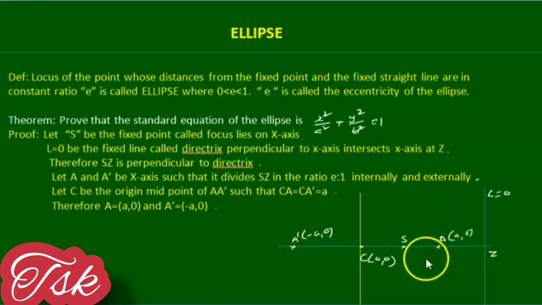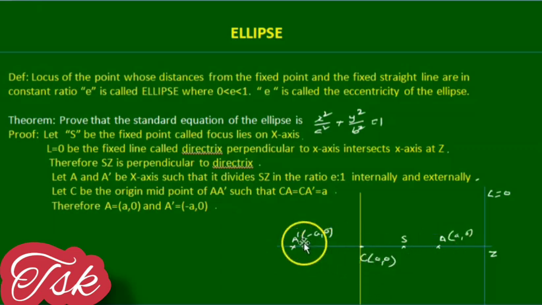Therefore, A and A dash are points on the x-axis, and S, A, A dash are collinear. Let C be the midpoint of A A dash. Therefore, CA is equal to CA dash is equal to a units. Therefore, C is (0, 0).